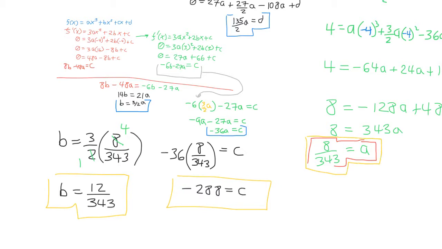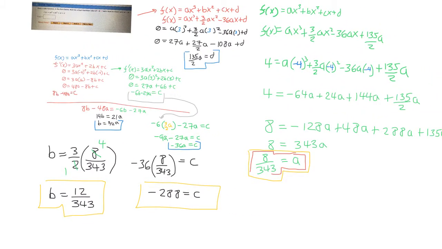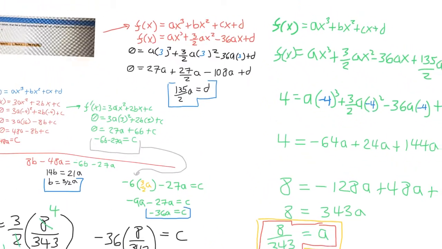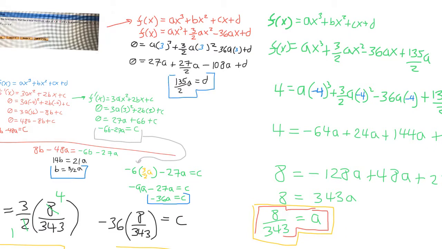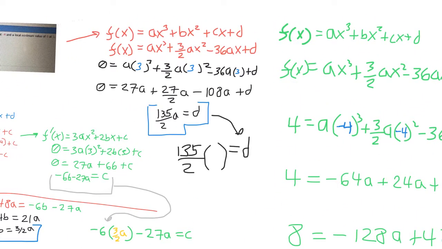And great. Now we have to look at D, right? Where's D? D is right here, right? So let's find out what is going on with D. Seeing as how A is 8 over 343, well, D, therefore, is going to equal 135 over 2 times what? 8 over 343.